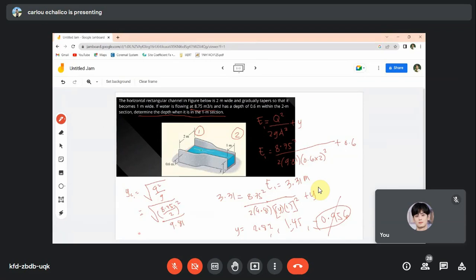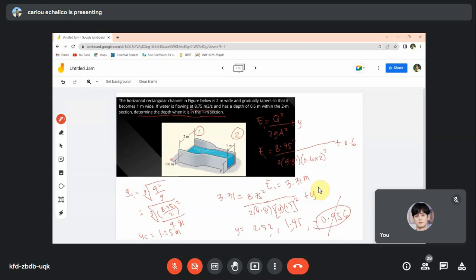So YC therefore is the cube root of 8.75 over 2, squared, over 9.81, which is 1.25 meters.